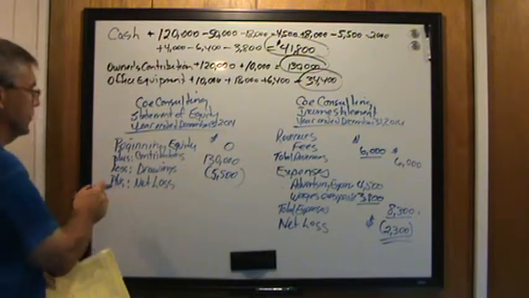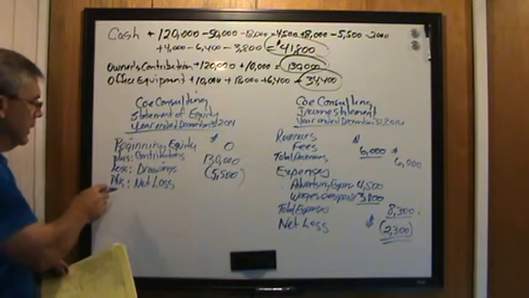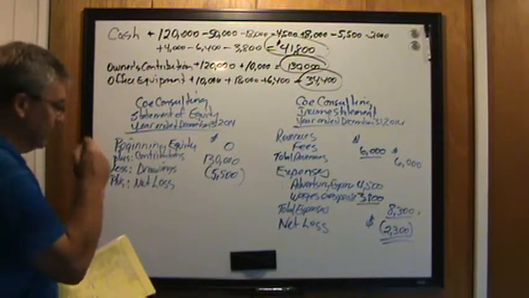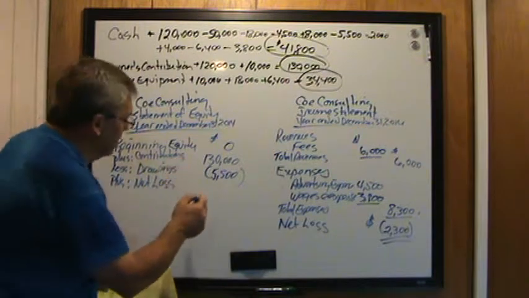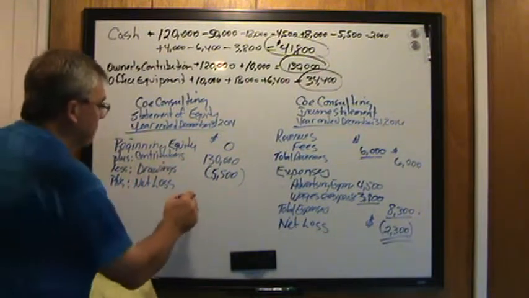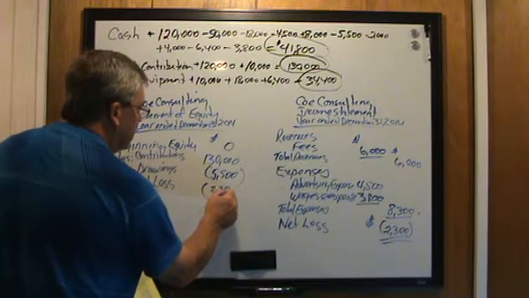I use plus only because we expect the net income to be positive, but here we're adding a negative number, so it mathematically works out fine. It's probably a little inconsistent with this, but drawings are always negative, always less. So what was our loss? 2,300.